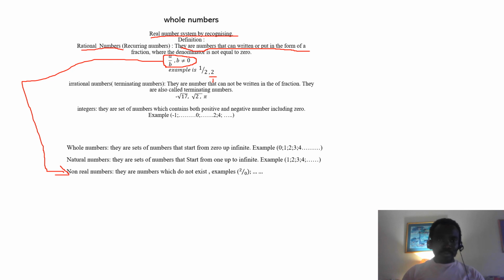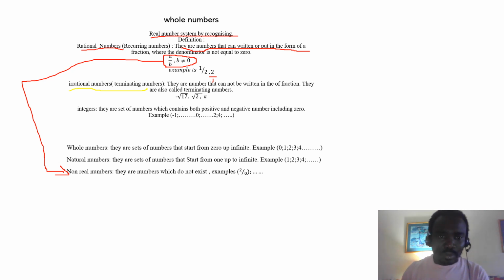Okay, then we come to irrational numbers, or they are called non-terminating numbers. They are numbers that cannot be written in the form of a fraction. When you talk about terminating numbers, it means numbers that have an end or they stop.